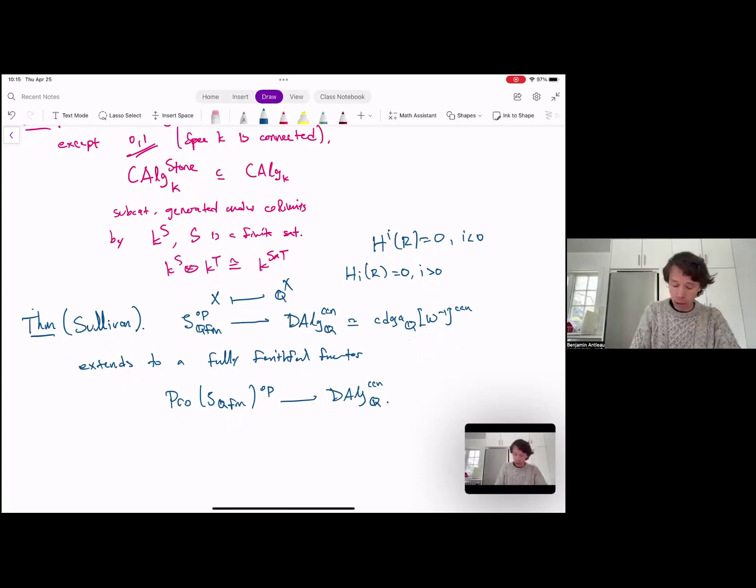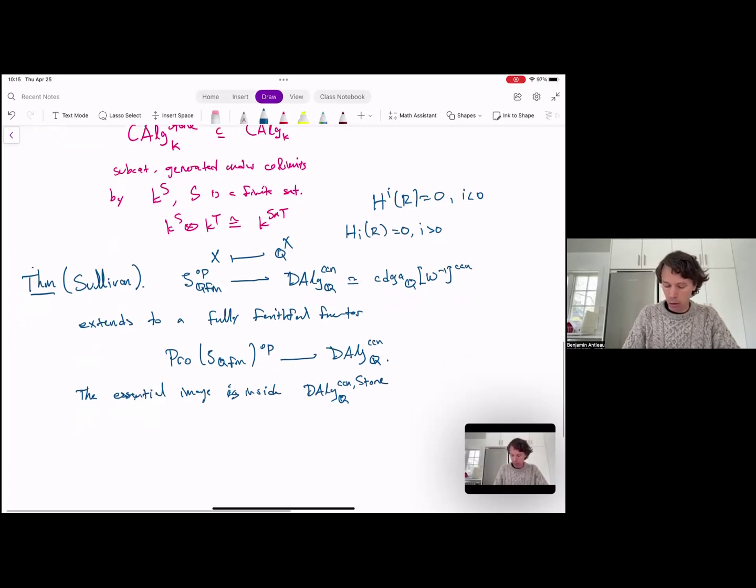And the essential image is inside DAlg_Q coconnective Stone, i.e. those where additionally H^0 R is a Stone Q algebra.